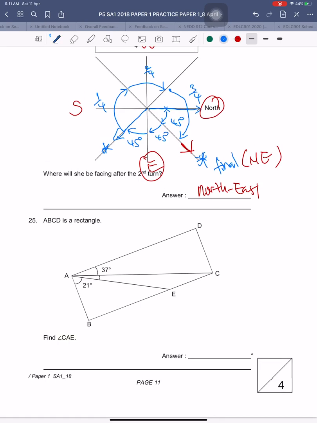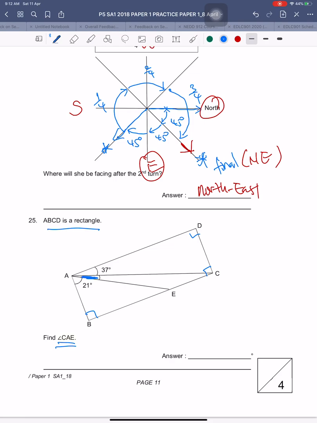Then question 25. Given that ABCD is a rectangle, once you know it's a rectangle, it's understood that all these four angles must be 90 degrees. You're supposed to find angle CAE. Where is CAE? You will follow CAE.